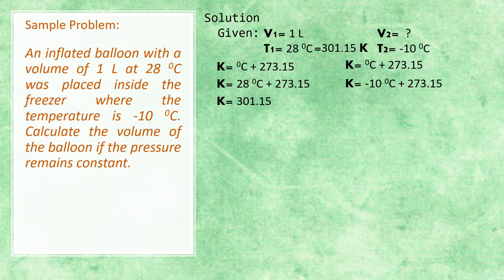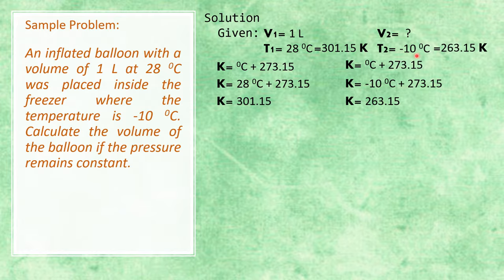Ang rule natin sa math, kapag mag-a-add ng magkaibang sign, you will just subtract it and copy the sign of the larger number. Sa sitwasyon na ito, dahil mas malaki ang 273, isusubtract lang natin siya and then copy the sign of 273, which is positive. The answer is 263.15 Kelvin.